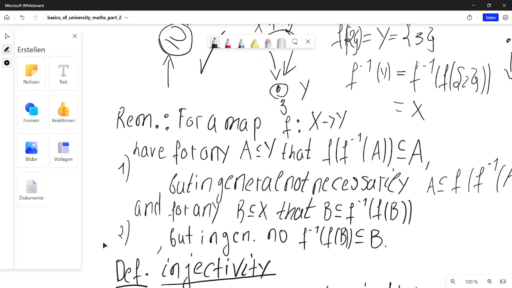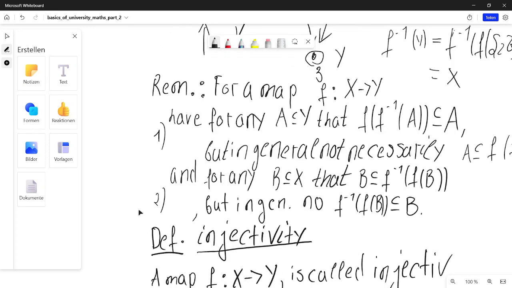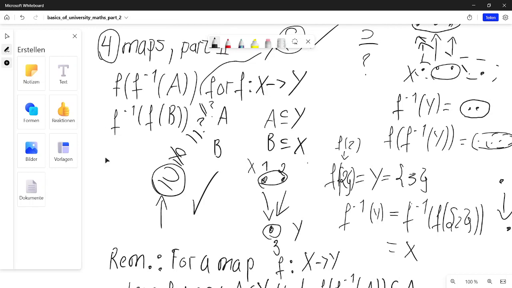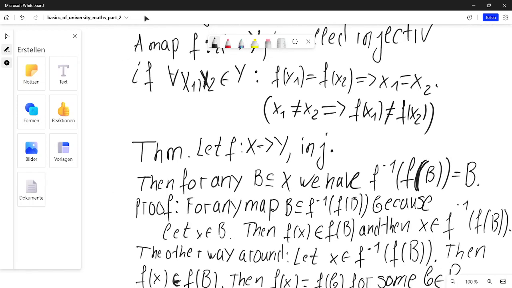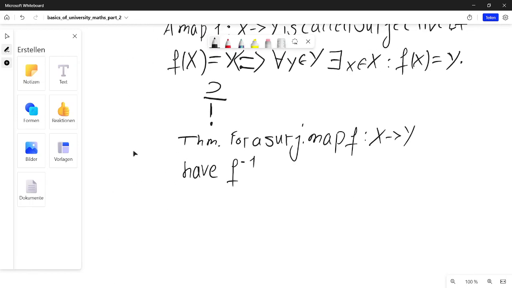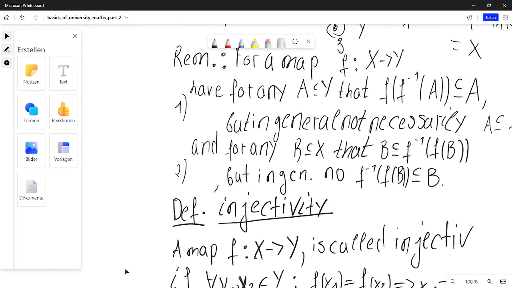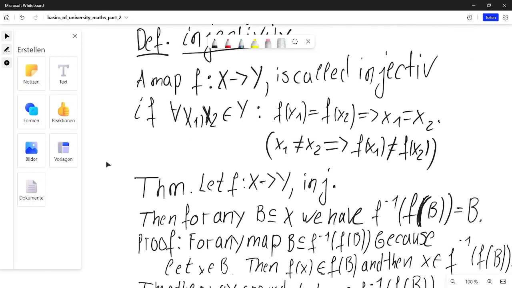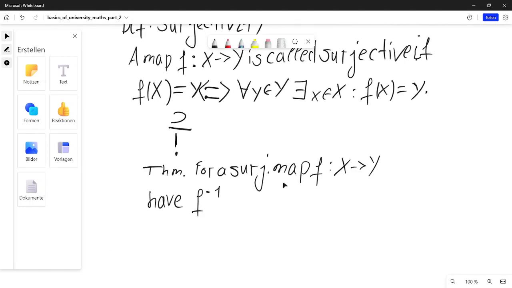I could realize that immediately, but I would have to realize it actually every time anew, f of f minus 1 of A. I mean, I would have this step of realizing it, even if it is immediate. Even if the step is immediate, I would have to look it up in my mind, how it works. f of f minus 1 of A. And this is now equality.